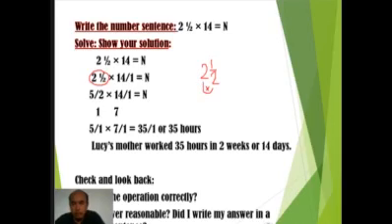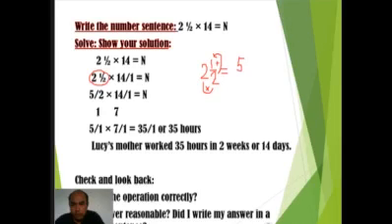The whole number and the denominator, 2 times 2 will give you 4. Then on the numerator, you are going to use addition. So 2 times 2 is 4 plus the numerator 1, that is 5, right?